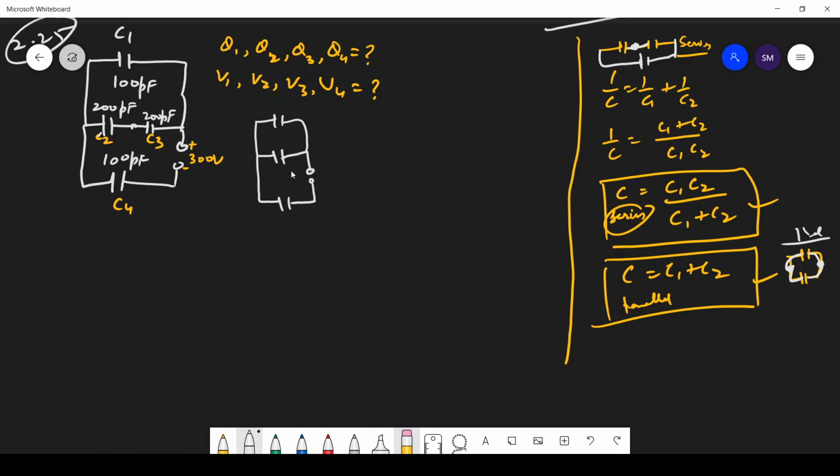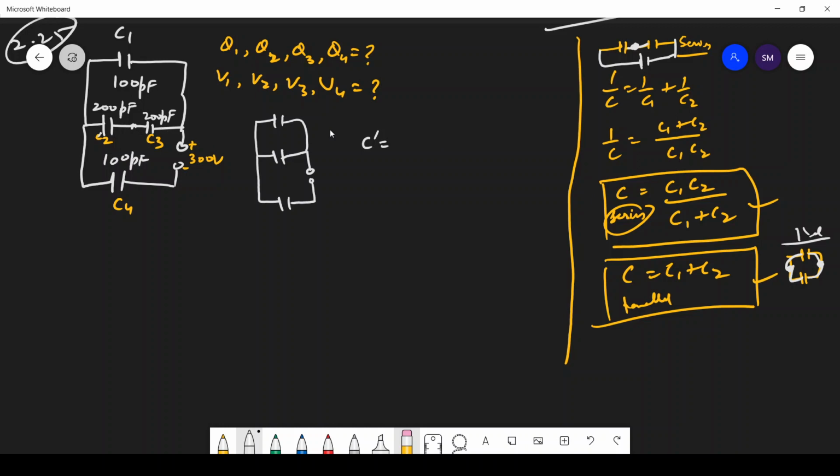So what will be the equivalent capacitance? They are connected in series. So in series, the equivalent capacitance of C2 and C3, let it be assuming as C dash, will be C1 C2 upon C1 plus C2.